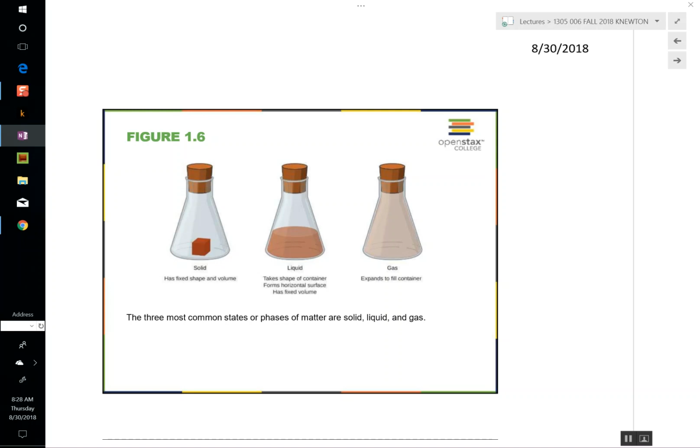Okay, there's a bottle. Here's a liquid. Gases, liquids, and solids. So I think I'm going to do 100 milliliters there. 50. Let's do another 50.